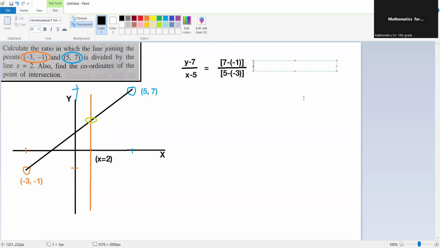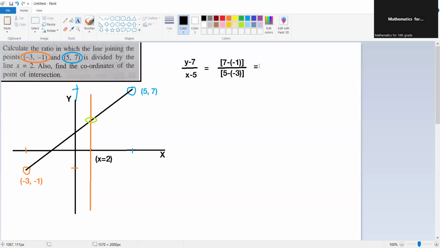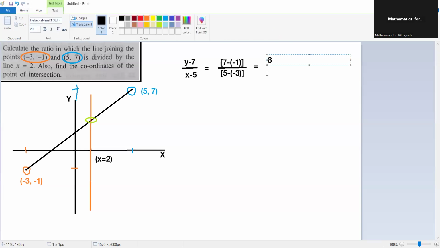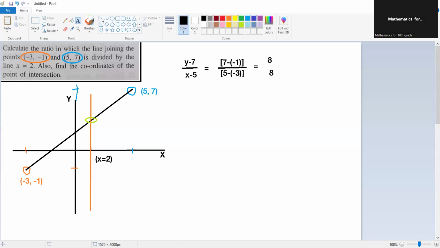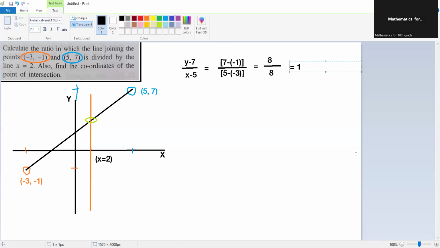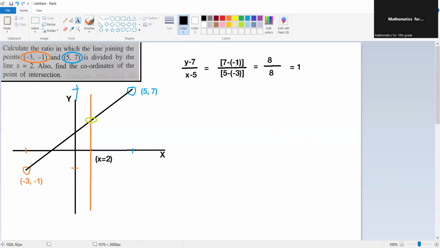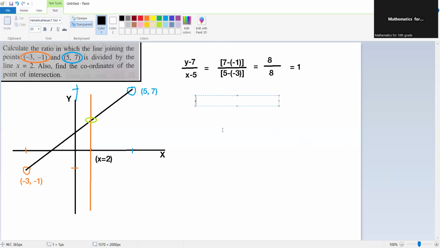That is equal to 8 upon 8, which is equal to 1. So 7 minus minus 1 is 7 plus 1, which is 8. 5 minus minus 3 is 5 plus 3, which is again 8. So the equation of the line is y minus 7 is equal to x minus 5.